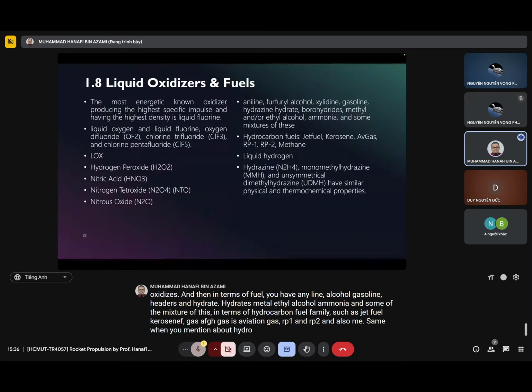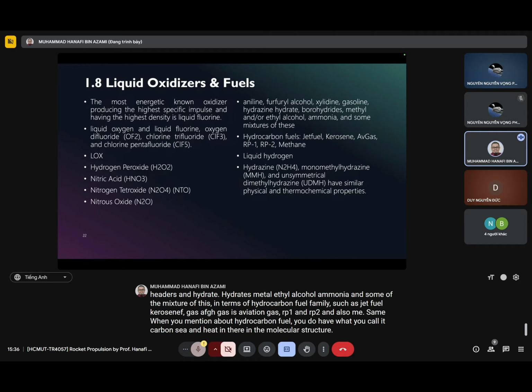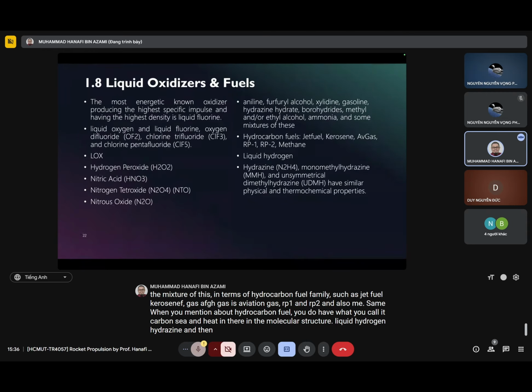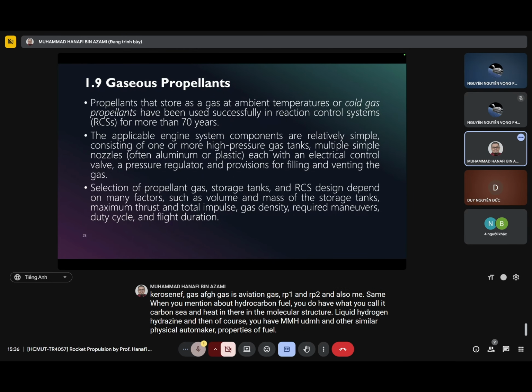Hydrocarbon fuels have carbon and hydrogen in the molecular structure. Then there are liquid hydrogen, hydrazine, and of course MMH, UDMH, and other fuels with similar physical and thermochemical properties.